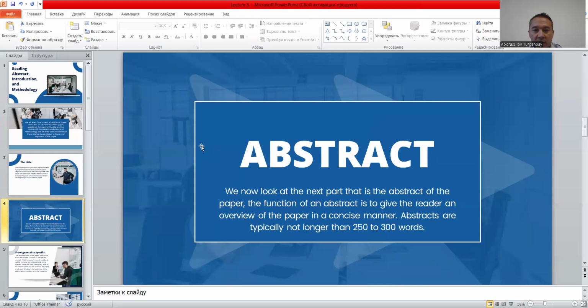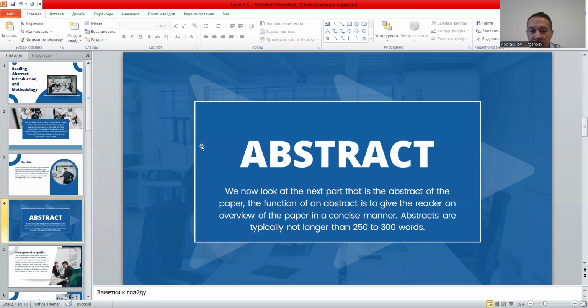So this is an abstract. Another important, essential part of an academic paper is the abstract. So what is the abstract? The function of an abstract is to give the reader an overview of the paper in a concise manner.